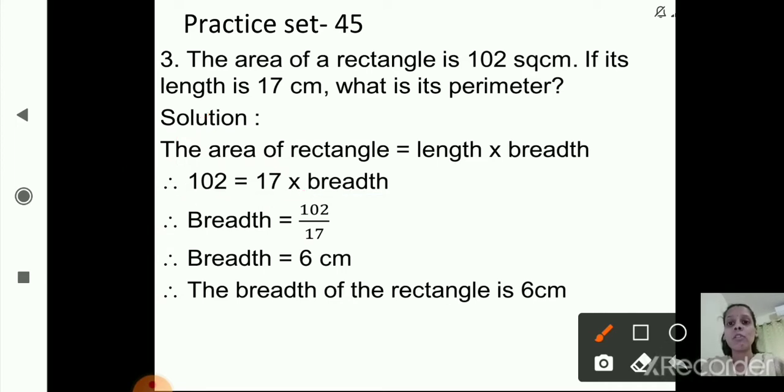In the solution, first we will write down the area of rectangle formula, that is length multiplied by breadth. Area is given 102. So 102 is equal to length 17 multiplied by breadth. Breadth is not given, that we will write down as it is. So breadth is equal to, this 17 will go here, so it becomes divide. 102 divided by 17.